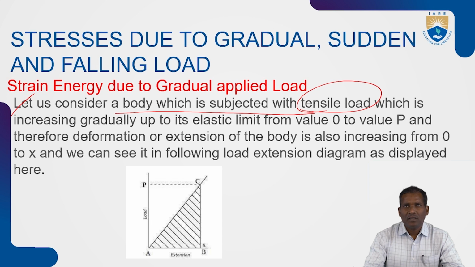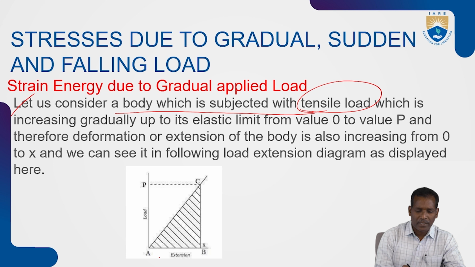Here, the load is increasing gradually up to the elastic limit only, from 0 to value P. As shown in the extension diagram here, from the origin O to value P.